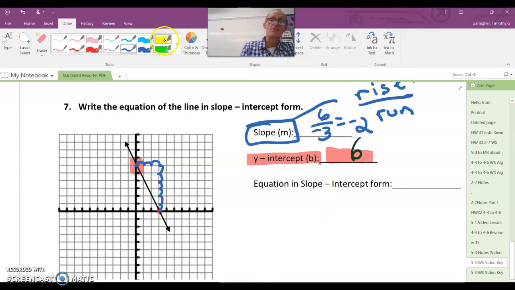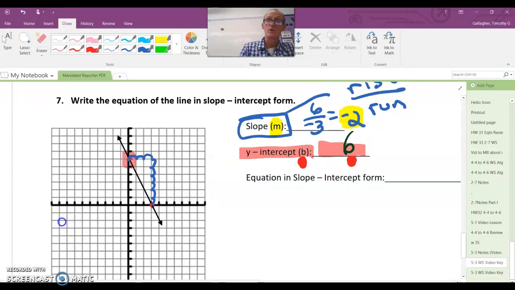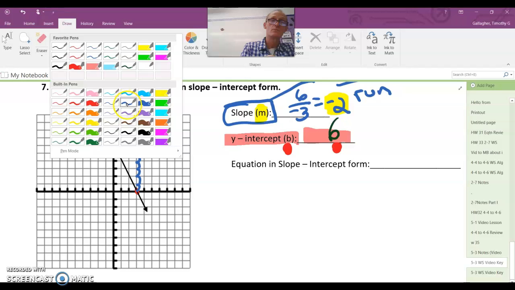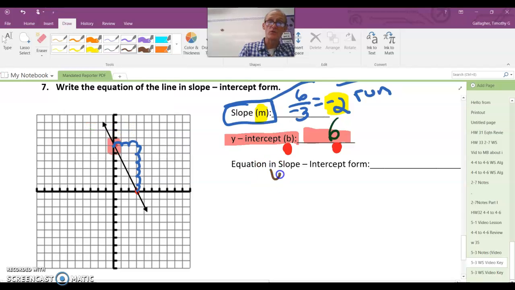So now I have the m, which is -2, and I have the b, which is 6. So I'm going to substitute those in to y equals mx plus b.